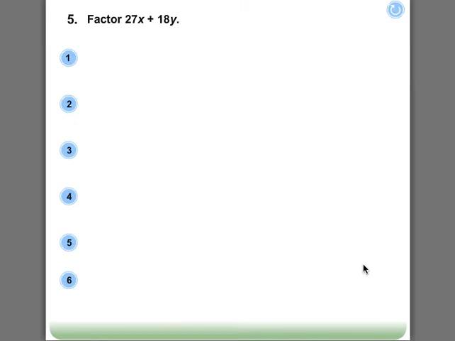Now we need to factor. Who remembers how to factor? Okay, that's a big term that's important to know throughout your math career. So let's go through this. We need to find the greatest common factor. Greatest means biggest, that they have in common, factor of 27x and 18y.